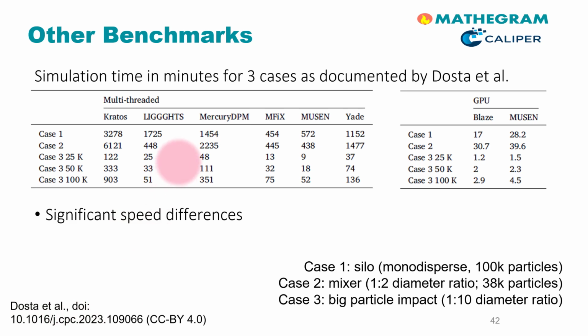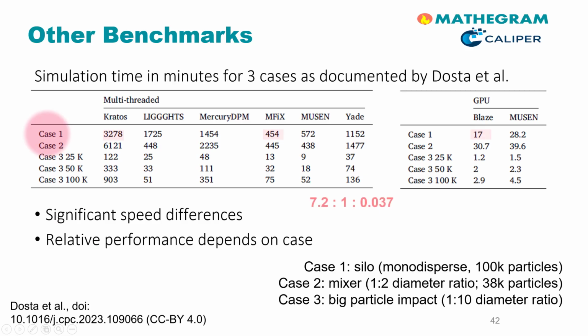Another important detail of this result table is that the relative performance strongly depends on the case studied. For example, for case 1, silo discharge, the ratio of the slowest CPU code to the fastest CPU code is 7.2, while the fastest GPU code only required 3.7% of the time needed by the fastest CPU code.